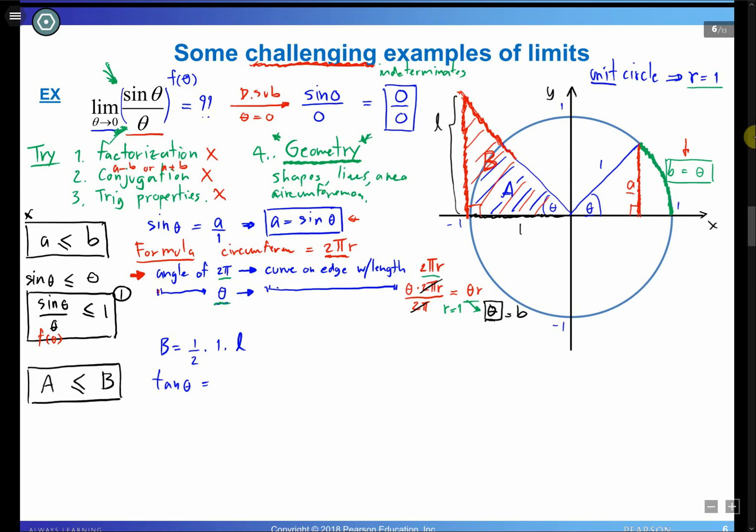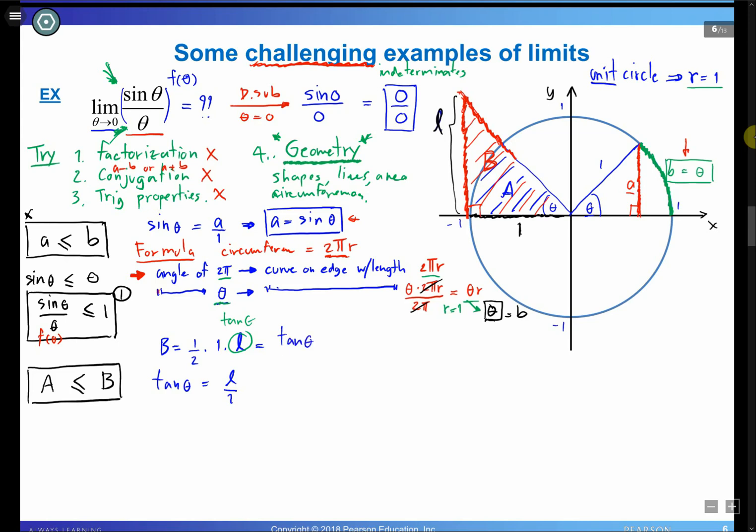The opposite side would be the L over the adjacent side, which is the 1. So tan theta is going to be equal to L over 1. So it means that L is going to be equal to tan theta. So here we know that this L right here is equal to tan theta, which means that B is equal to tan theta over 2.